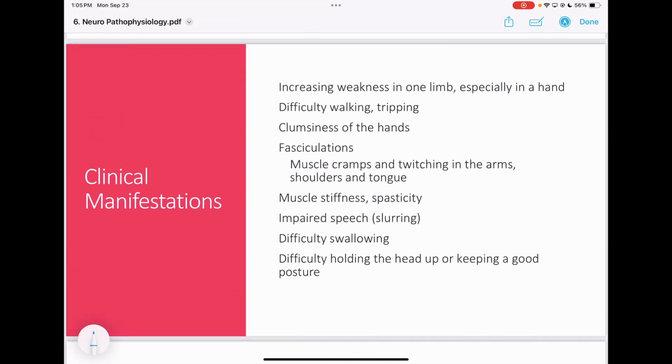So what are they going to present with? Weakness, usually in a hand. Difficulty walking. They may say they're tripping more easily. Why are they tripping? Your foot has to sweep the ground to get across, so your foot has to be dorsiflexed to get around the ground.